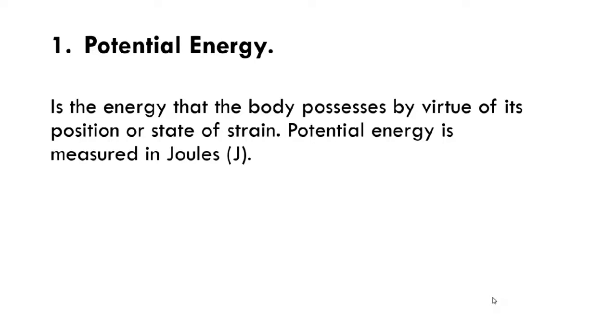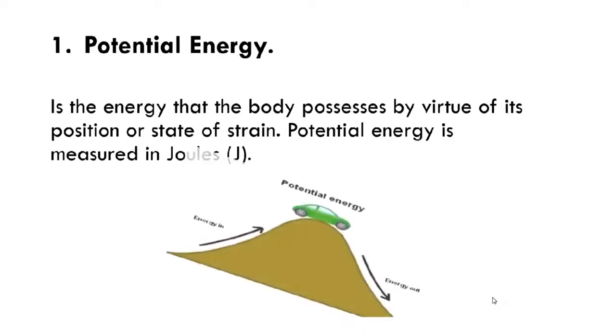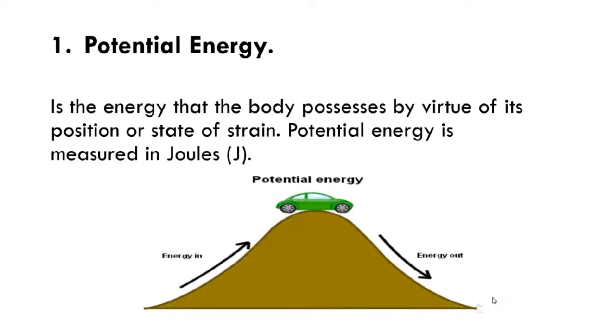Potential energy is measured in joules, and I have quite a number of examples of potential energy. A car parked on top of a slope is possessing potential energy. There is energy in and there is energy out.